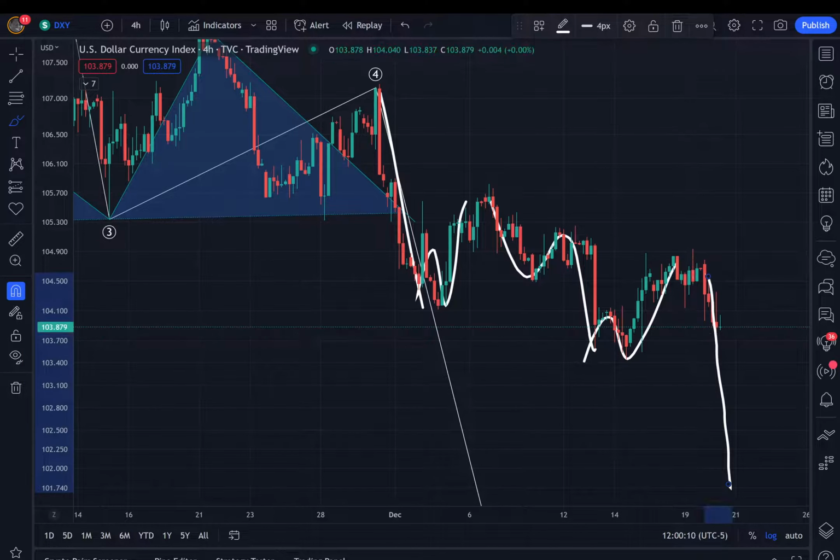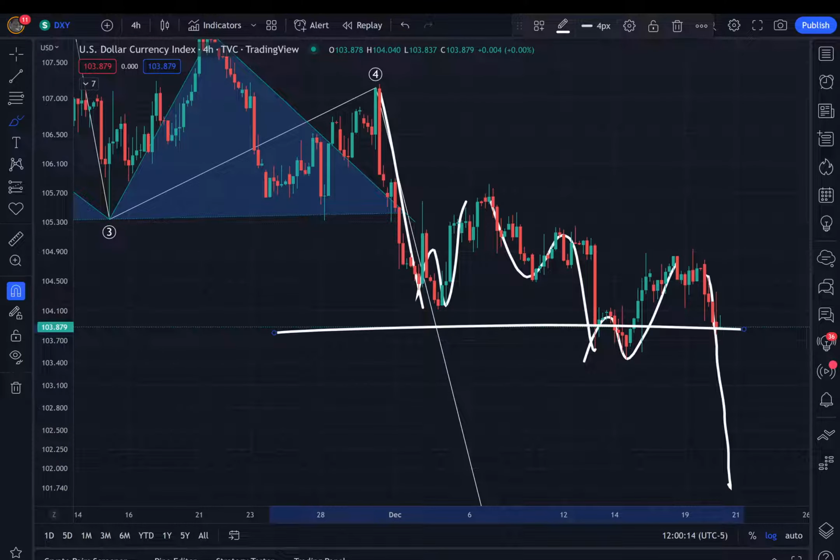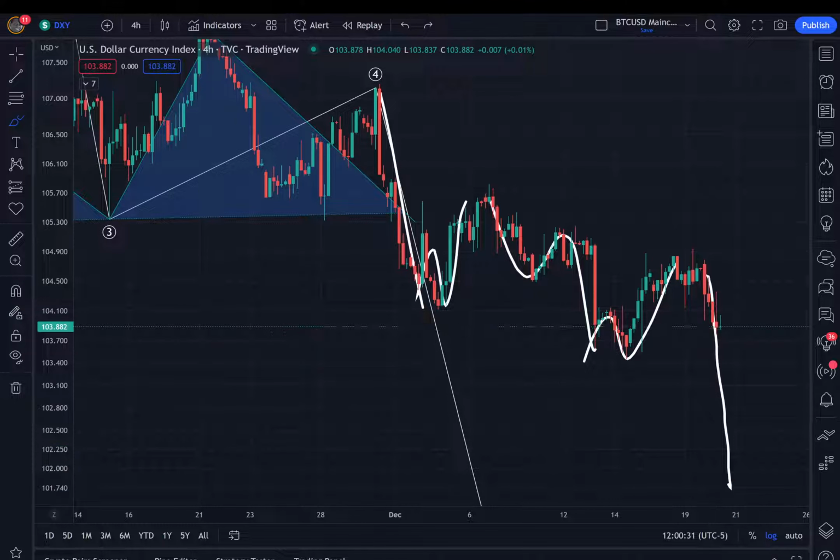So I do expect that this right here represents a big breakdown of the DXY down to levels that really excite us, because that should also coincide with a huge pump in Bitcoin, a huge pump in crypto, and a huge pump in the stock market.